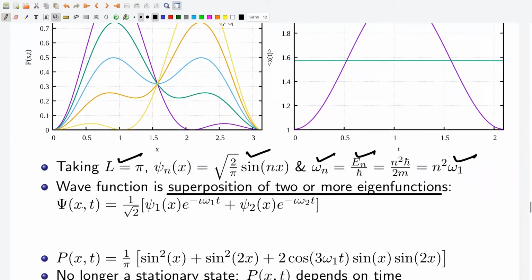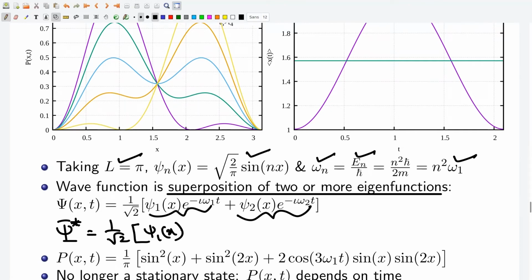So psi of x, t, this is a superposition of the ground state and the first excited state eigenfunction. Now we can just write psi is equal to 1 by root 2 times psi 1 of x e power minus i omega 1 t plus psi 2 of x e power minus i omega 2 t.